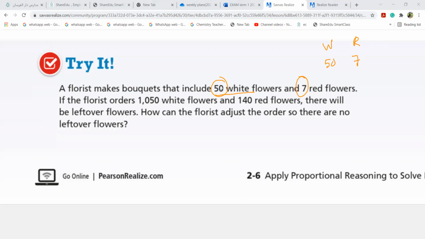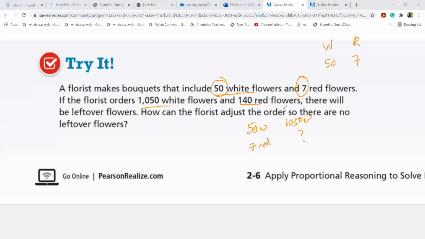Every time you use 50, you will use 7. So for 50 white, I'm using 7 red. For 1050 white, how many red do you need?